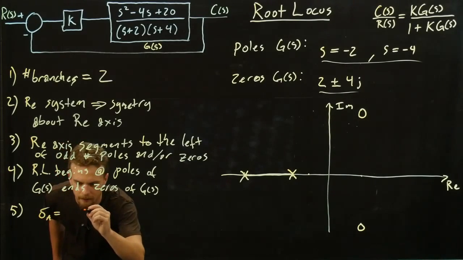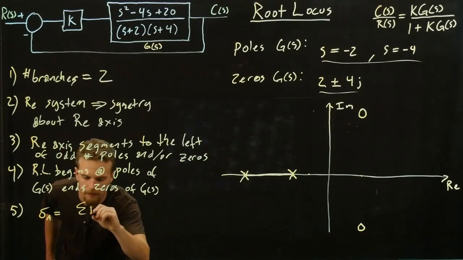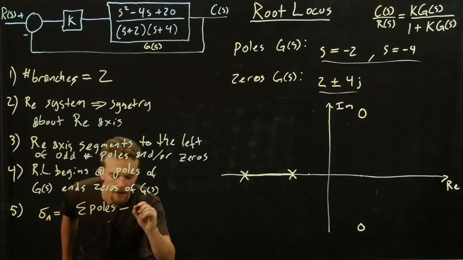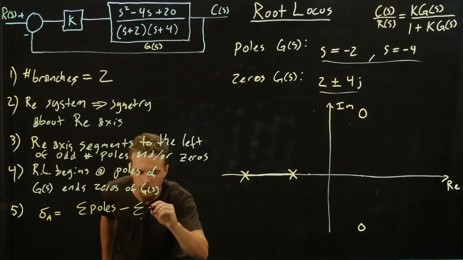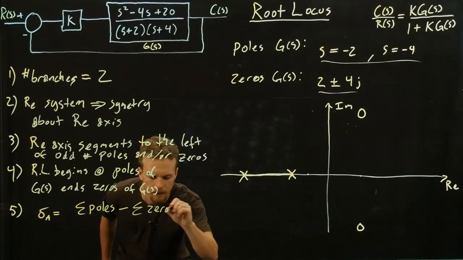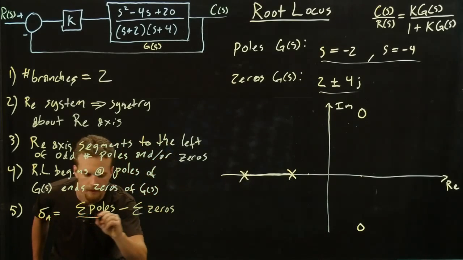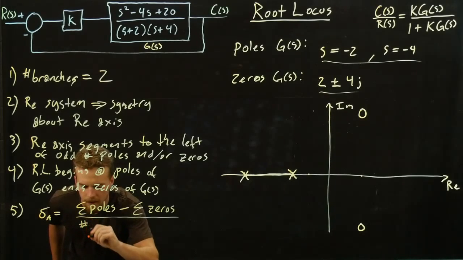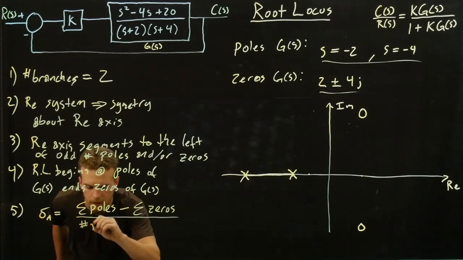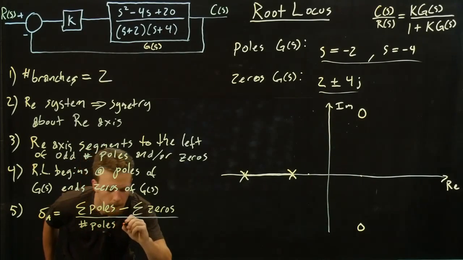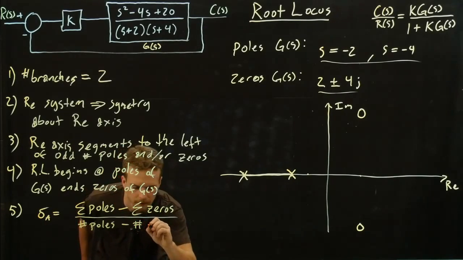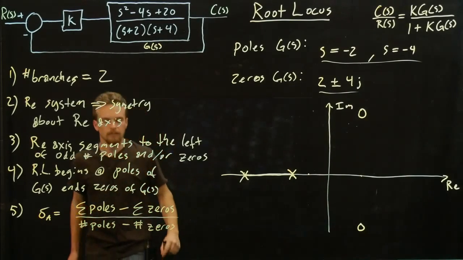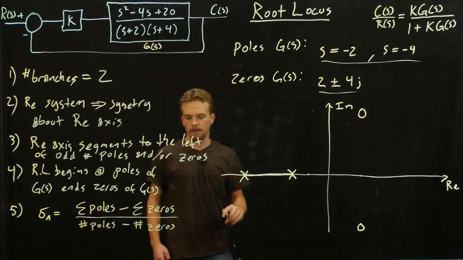This would be equal to the sum of the values of the poles of G of S, minus the sum of the values of the zeros of G of S, all of that over the number of poles minus the number of zeros. All right, that's simple enough, right?